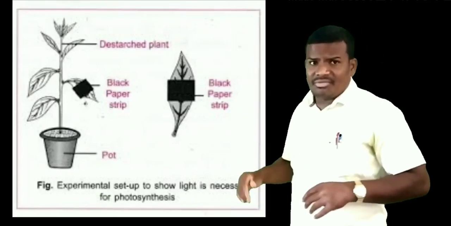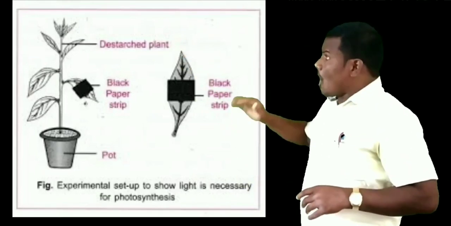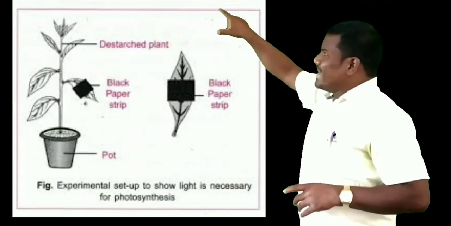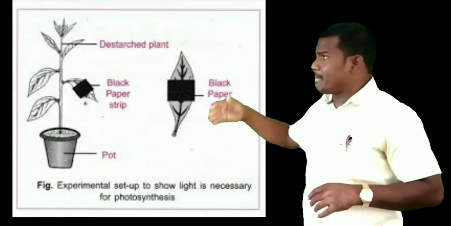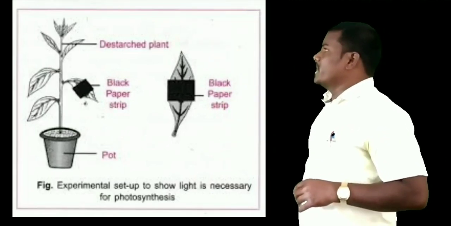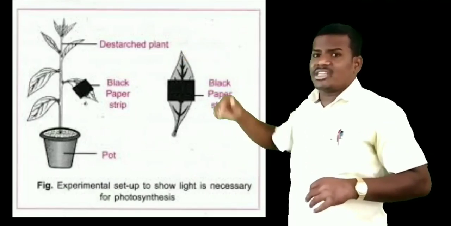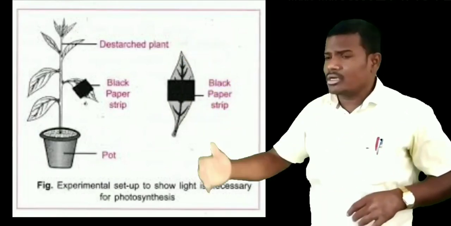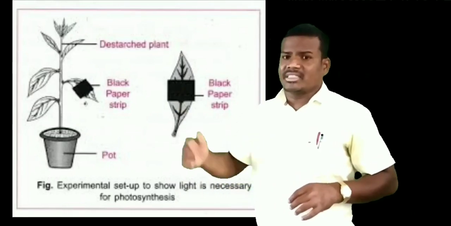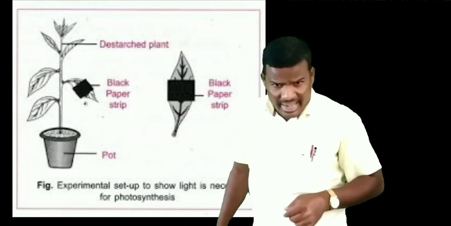What is the importance of water and air? How can we prove that CO2 is a necessary factor for photosynthesis, with the help of potassium hydroxide solution? How can we show that oxygen is liberated after photosynthesis, with the help of the hydrilla funnel experiment?